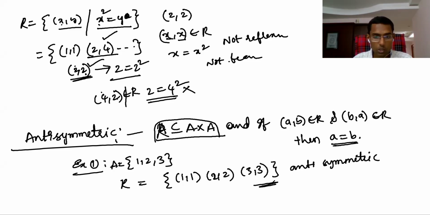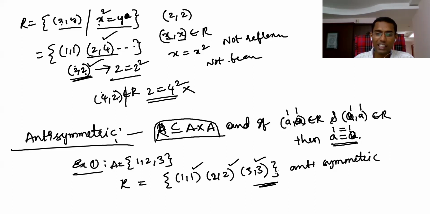It is reflexive, symmetric, and transitive. Yesterday only I told. For this, there is no problem. This is 1 comma 1, this is also 1 comma 1, then only 1 equal to 1. That means A equal to B, both are equal when they are equal. That's it.